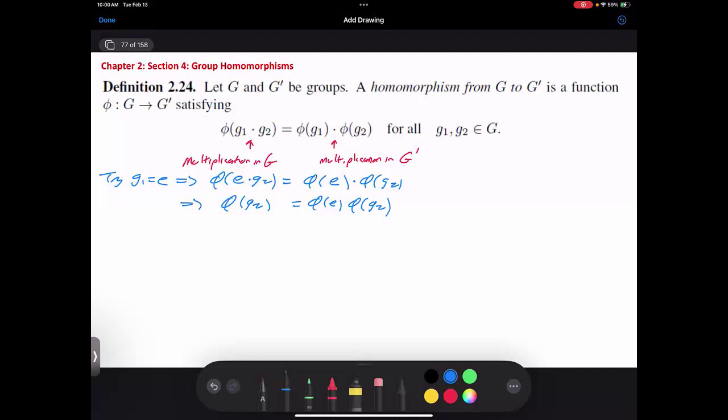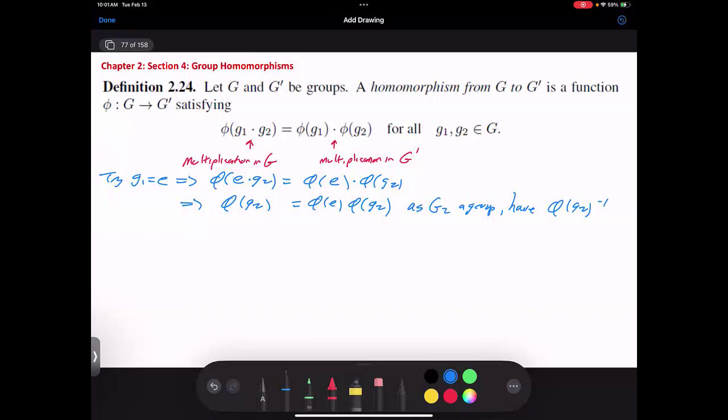What would you like to deduce from this? Phi of E should be the identity. So as G2 is in a group, we have phi of G2 quantity inverse, because phi of G2 is something in the group, so it has to have an inverse.